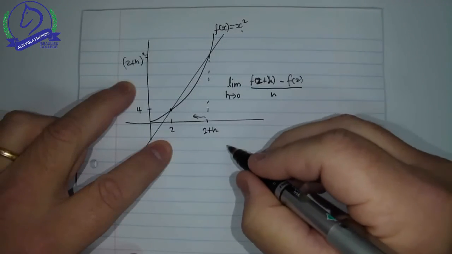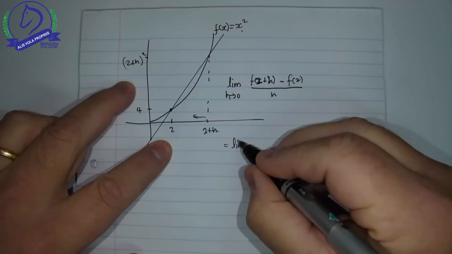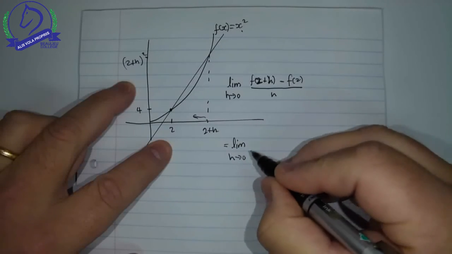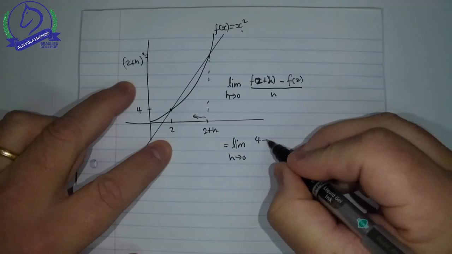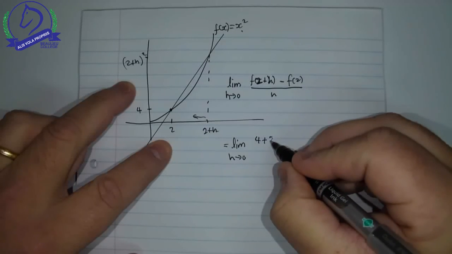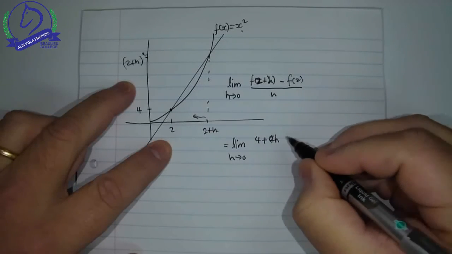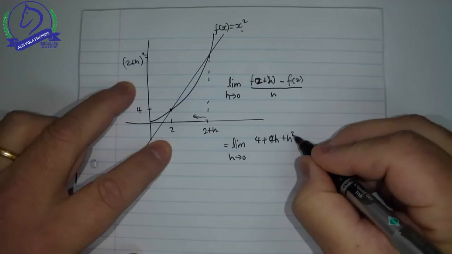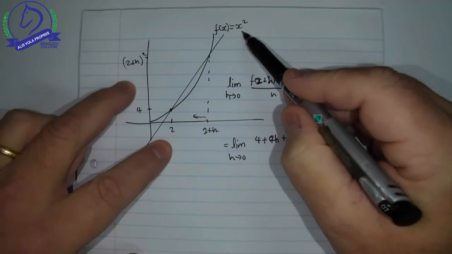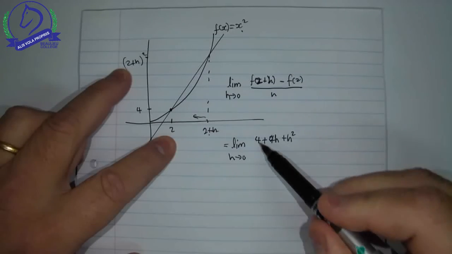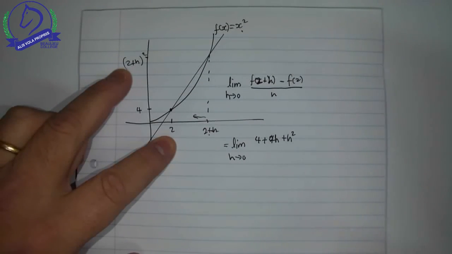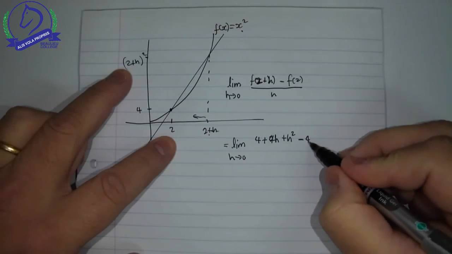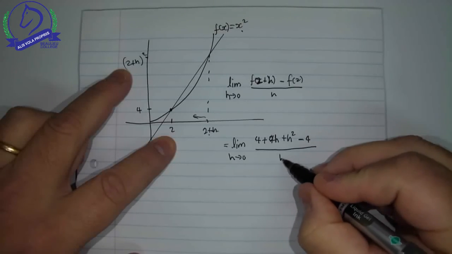So if I was to calculate that, this is the limit when h tends to 0 of 4 plus 4h plus h squared, minus 4, over h. Remember that f of x is the square of x, so if my x is 2 plus h, the square of 2 plus h is this.